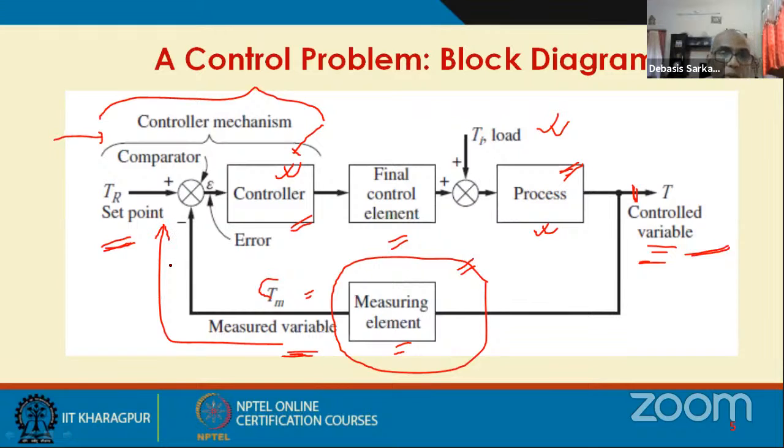So in principle, we can adopt certain mechanisms by which that can be done, but it's not so convenient. Whereas, let us say a thermocouple, which will give me a millivolt as output, which is an electrical signal, can be very easily conveyed to this comparator unit or to the controller unit.